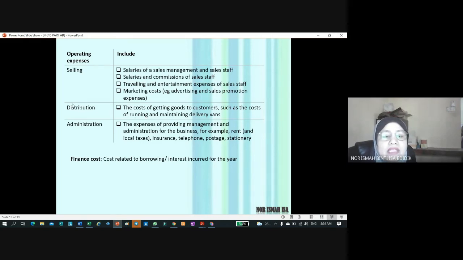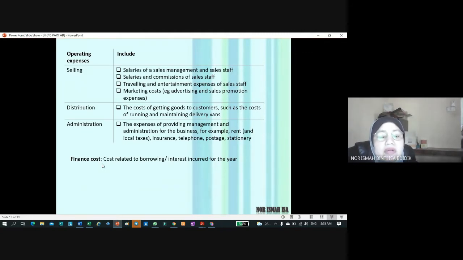Okay, another one is administration cost, expenses of providing management and administration for business. For example, rent expense, insurance expense, telephone, postage, stationery expense. So this is all categorized under administration cost. And we have another, finance cost. Finance cost is related with the borrowing, because the company borrowed money from the bank, so they need to pay for the interest.